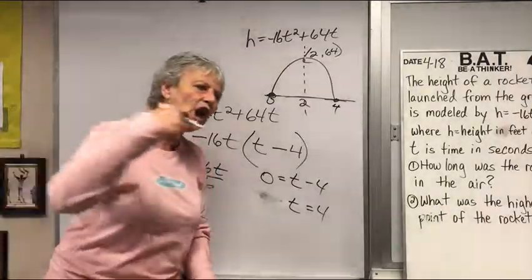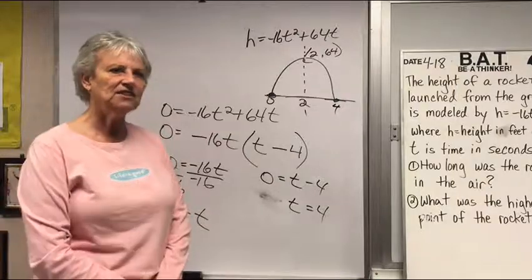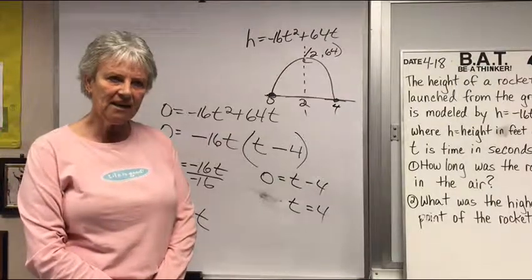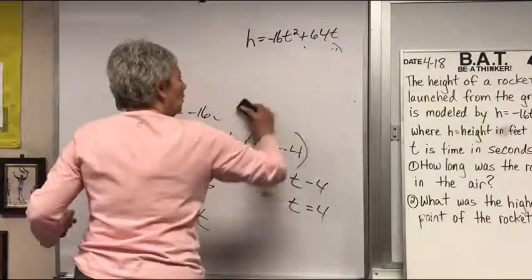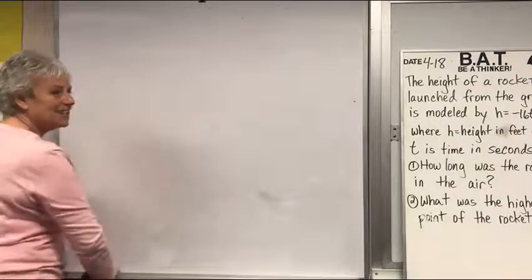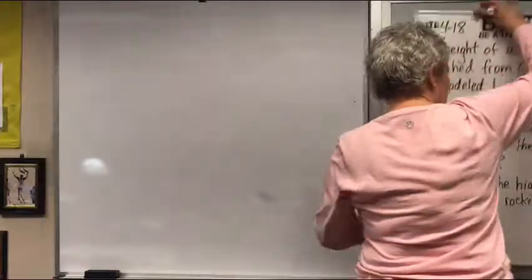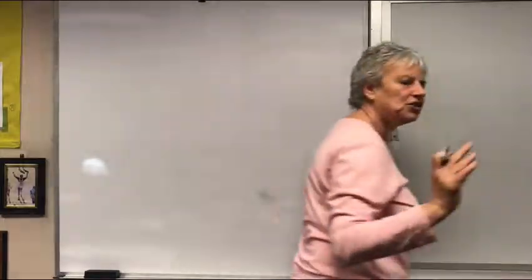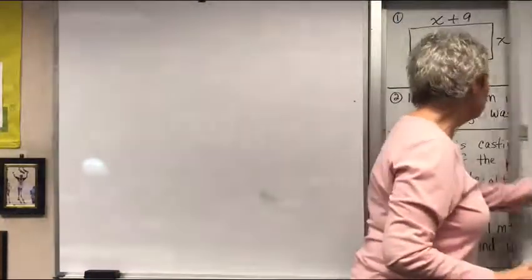What if I said, how long did it take to get to 64 feet? 2 seconds. Now let's do one where the y-intercept is not 0. If you understand it, you'll be able to answer all story problems.